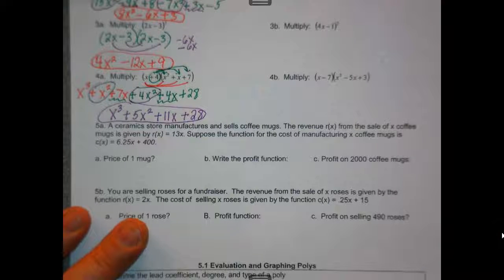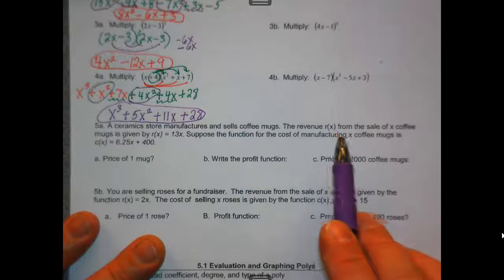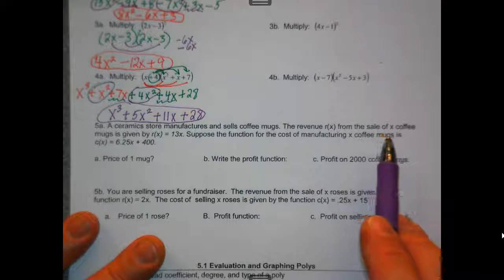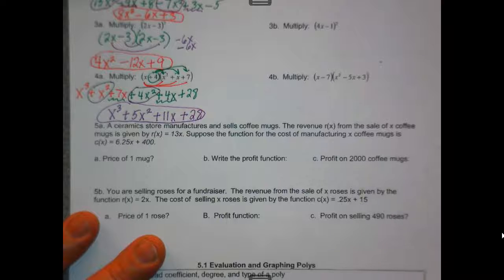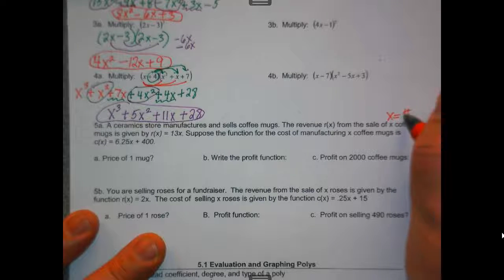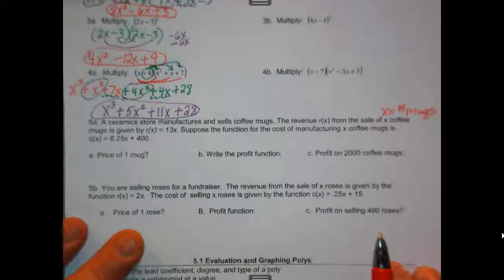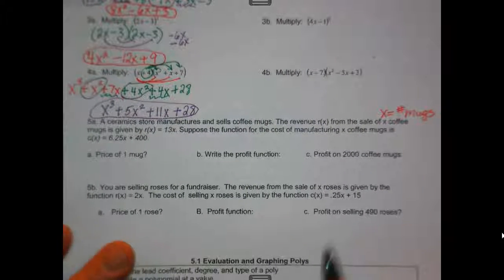Okay, what does X represent here? Let's go back. The revenue R of X from the sale of X coffee mugs. What does X equal? The number of coffee mugs, right? Okay. So they want us looking at the two. Well, they give us two functions.